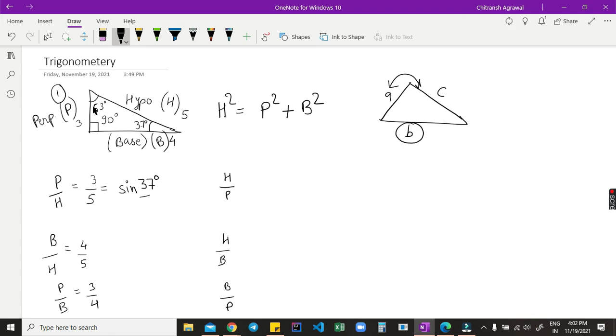This is just an angle and this sine is just a name of the ratio for the corresponding angle of 37 degrees. So if you ask what is sine 37, it is this ratio, which is 3/5, the ratio of its sides. Similarly, this b upon h ratio is called cos of 37 degrees, and this p upon b ratio is tan of 37 degrees.